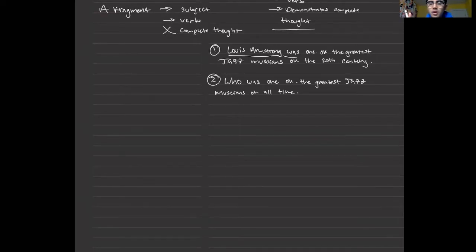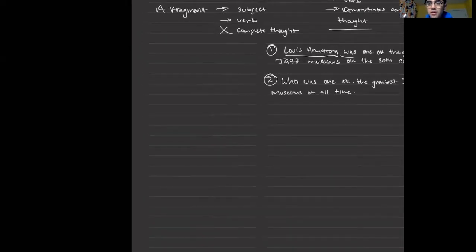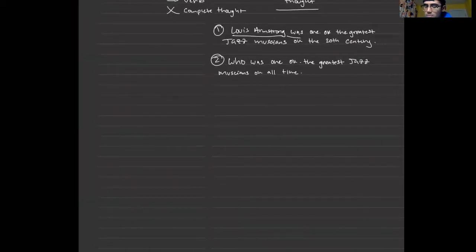So we have a verb and I guess we have a complete thought, but who is not a subject. Remember, a fragment can have a subject and a verb, it doesn't have to. But if it doesn't have a subject, verb, and complete thought, if it doesn't have all these three criteria, it is not classified as a sentence. And for that reason, this cannot be a sentence.